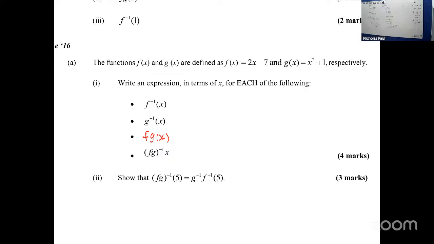I have all those things to find. Find f inverse of x, g inverse of x, f of g of x, and then f of g inverse of x. And part two. Part two is what I'm interested in.